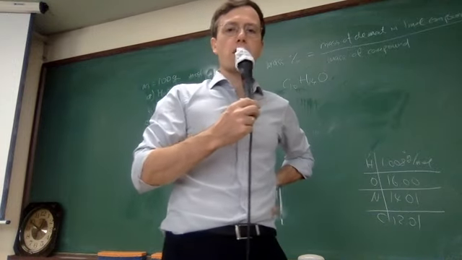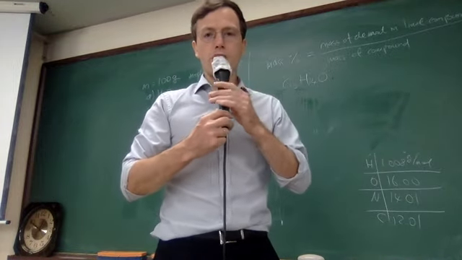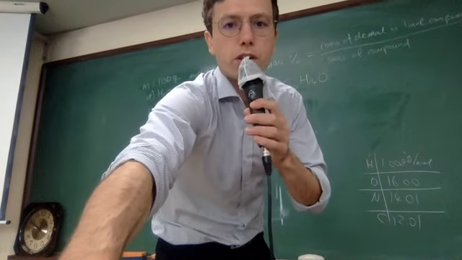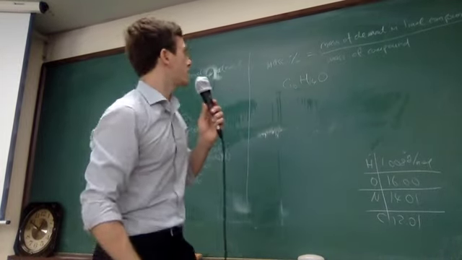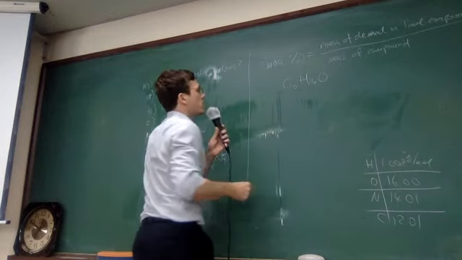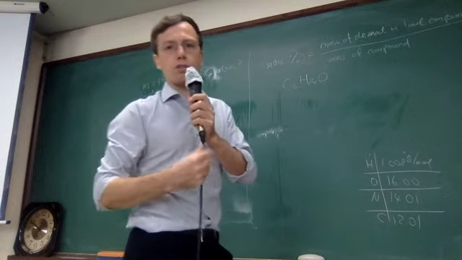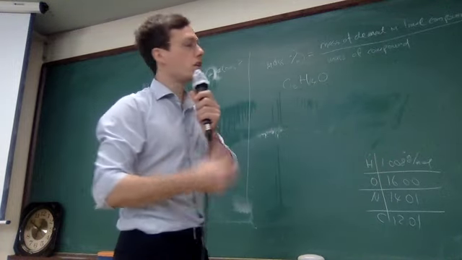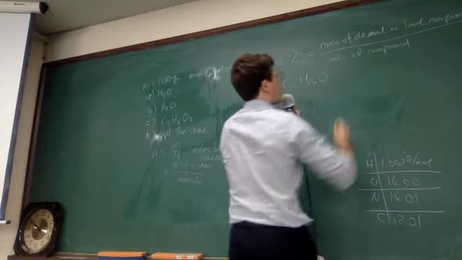The other type is responsible for the smell of spearmint oil. Compute the mass percent of each element in carvone. Okay, so what is the task? The task is to calculate this one, right? What do we need to know? What information do we need to find the mass percent? We need the mass of each element, and we need the mass of the compound.